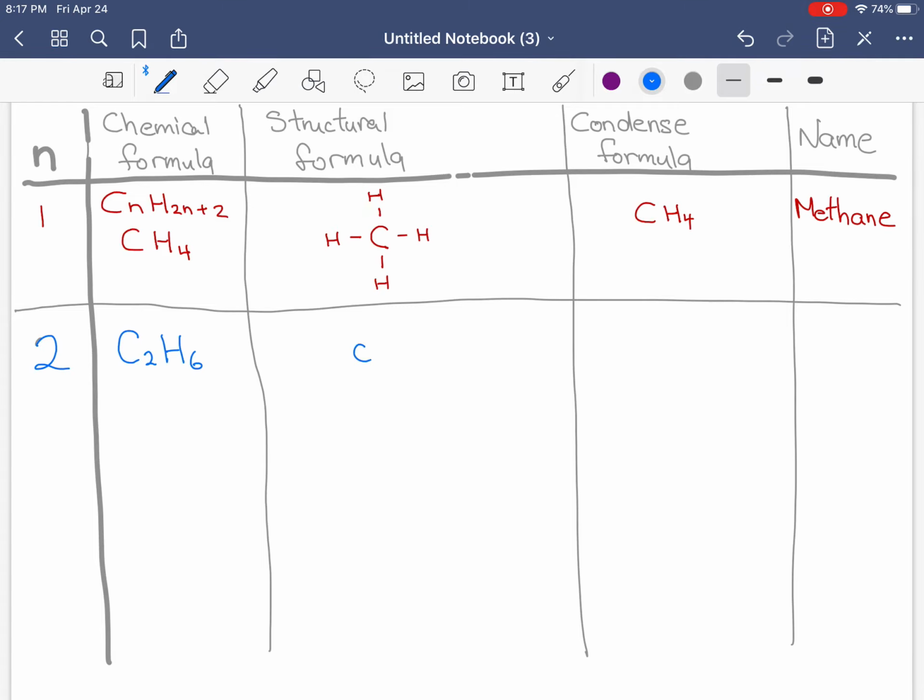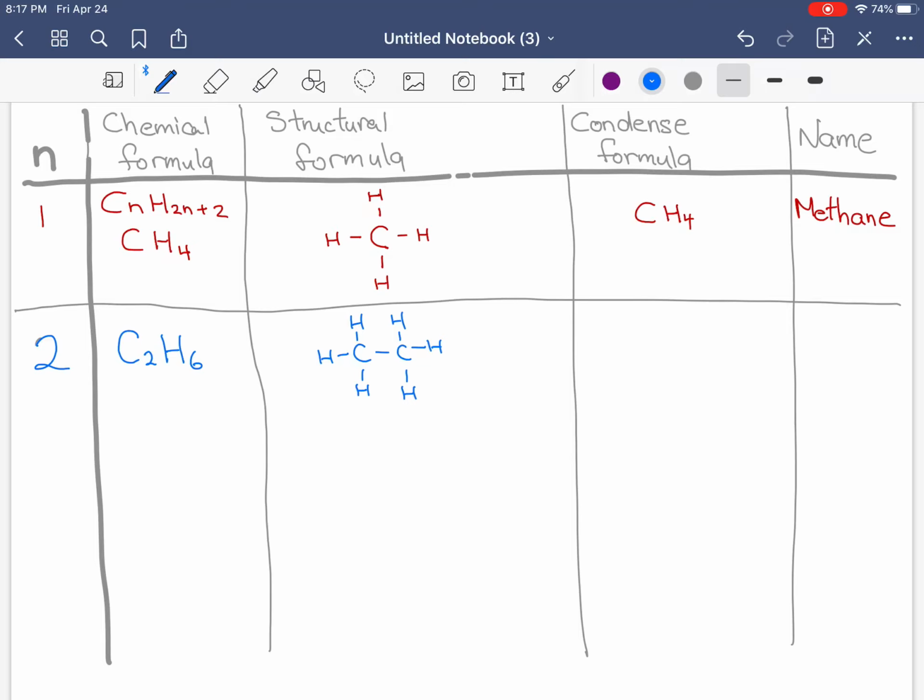Well, I was told a long time ago, if you have hydrocarbon, you link those carbons together. And you'll notice that I owe 3 H's to each C because every carbon makes 4 bonds. And here you go, exactly 6 H's, just like what my chemical formula asked me to have. All right, perfect. That is the structural formula.